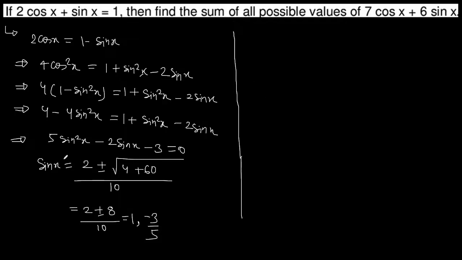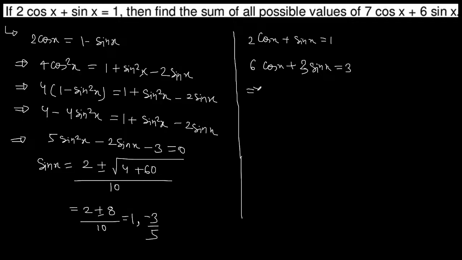So our aim will be to convert this. We have 2 cos x plus sin x equal to 1. So we'll multiply this by 3: 6 cos x plus 3 sin x equal to 3.